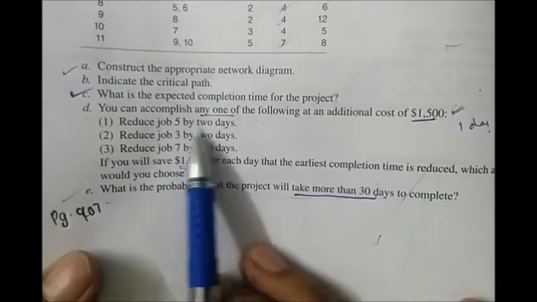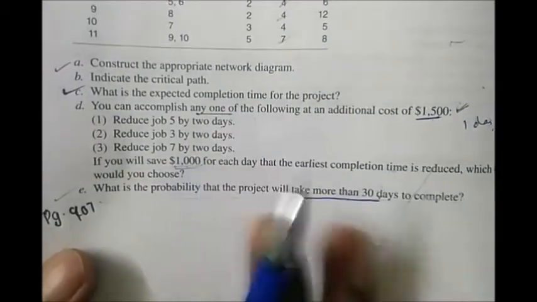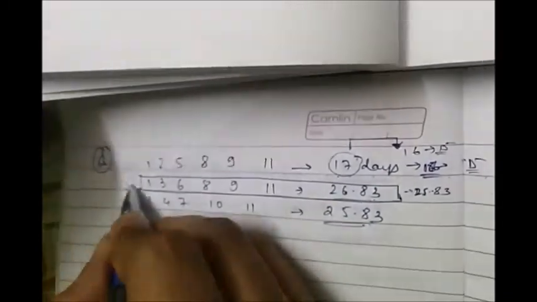You have to take the entire package, you have to reduce it by 2 days only. So once you reduce job 5, it'll come down to 16 and then to 15. But it doesn't really impact because our critical path remains the same, that is 26.83. So we are not achieving any cost benefits.